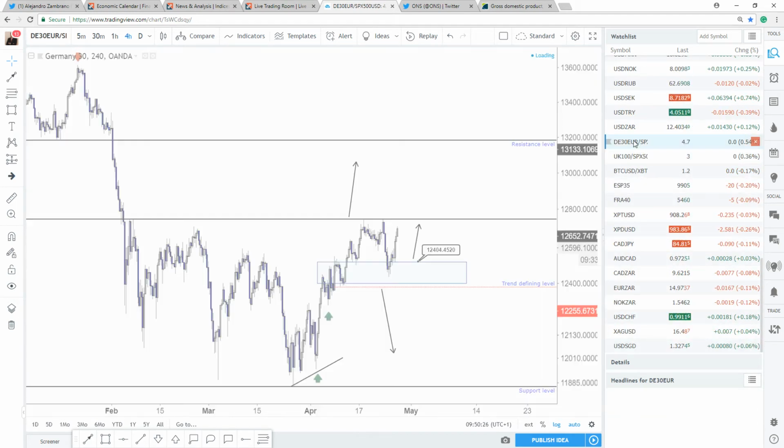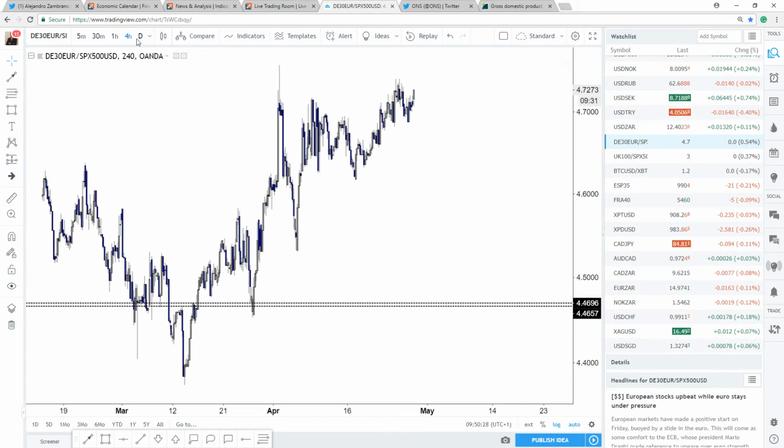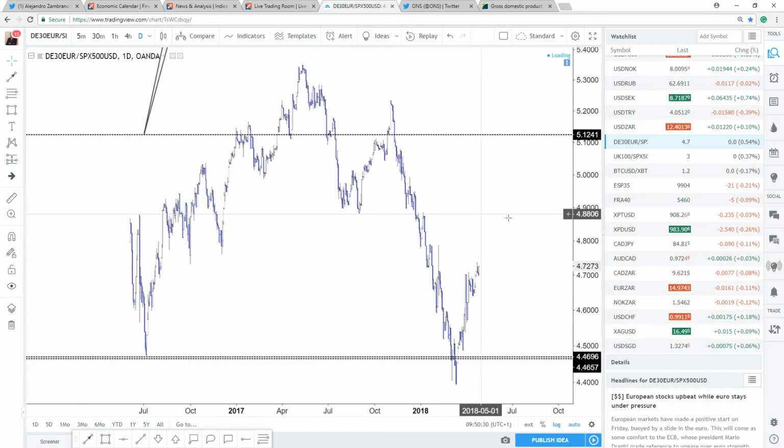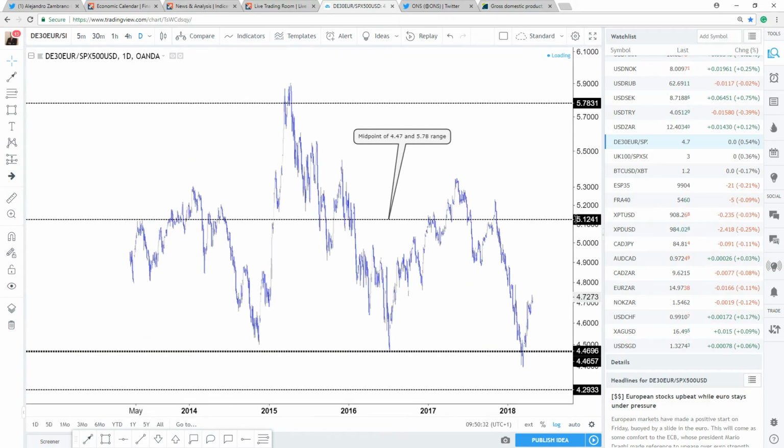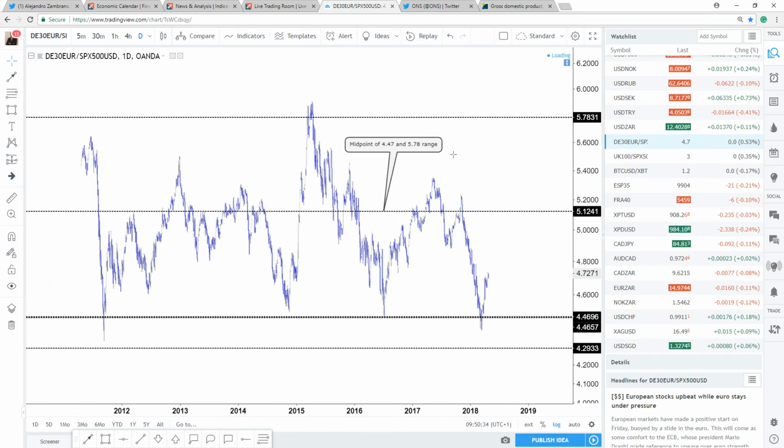So here's a ratio between the DAX and the S&P 500, and it's a daily chart. So this is data from 2012. You can see here that just recently the S&P was underperforming. We went all the way down, and now the DAX is outperforming, and we're probably going to go all the way up to the midpoint, which is a ratio of 4.47.